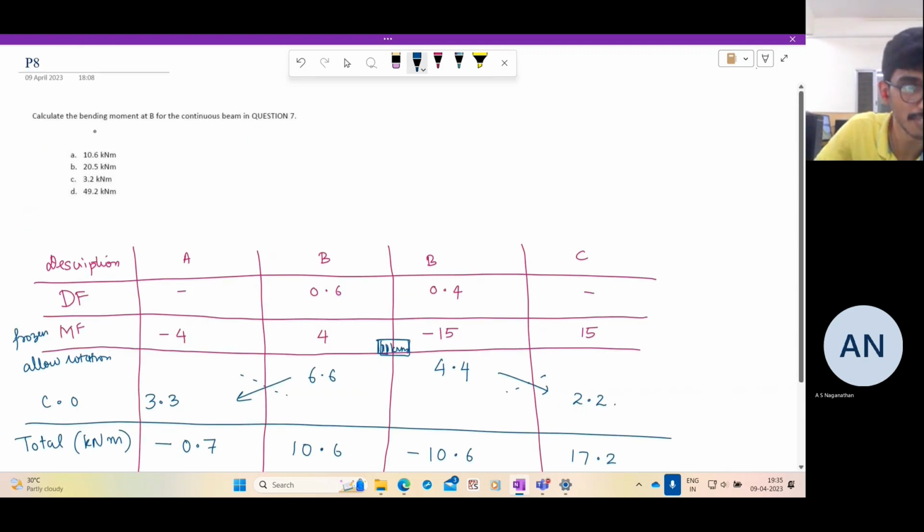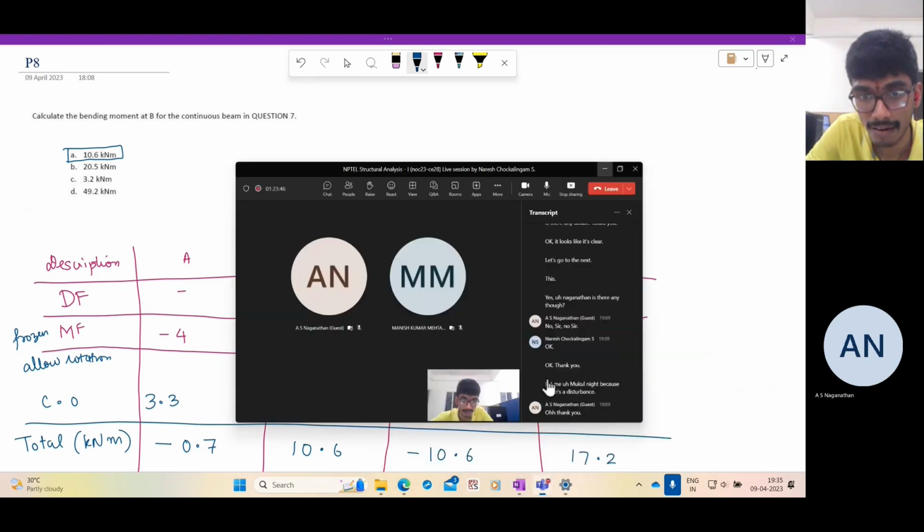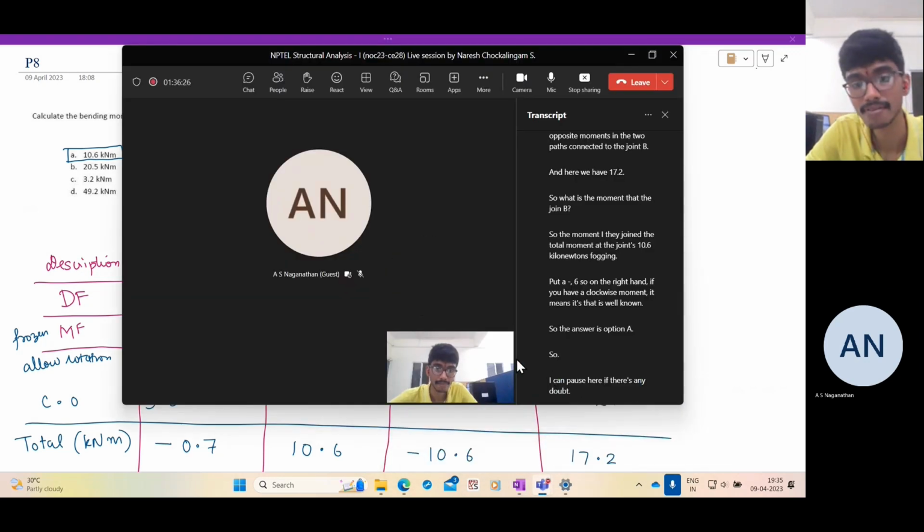So the answer is option A. I can pause here if there's any doubt. Okay, if there are no doubts, I'll proceed.